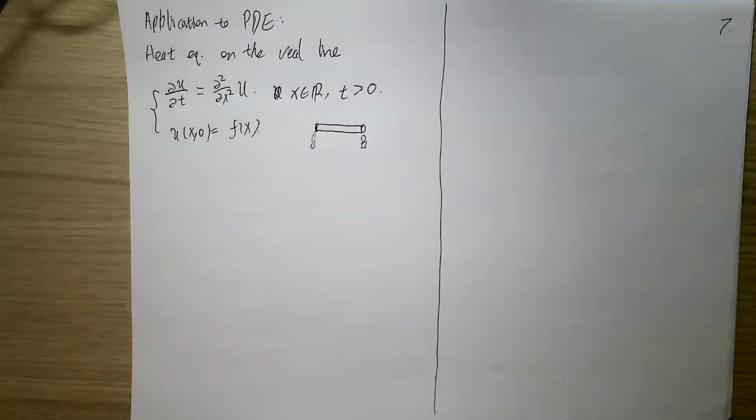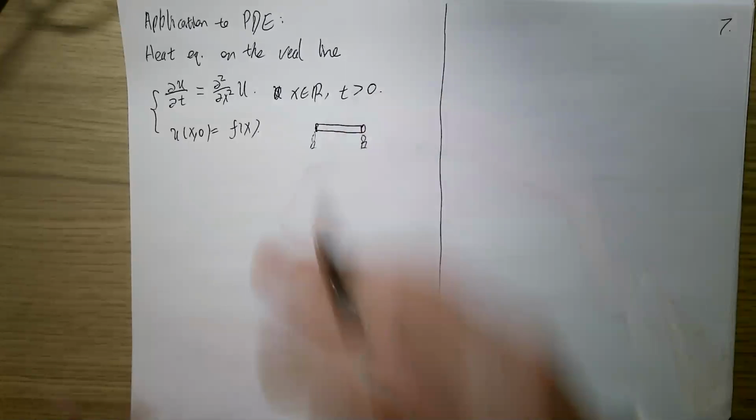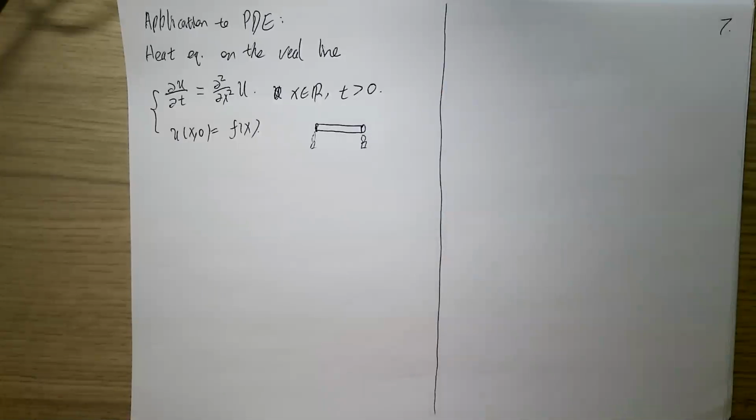What you find is that on time, it should satisfy T' equals some constant times T. So on time it should decay exponentially. But on space, since it is only a finite length stick, right?